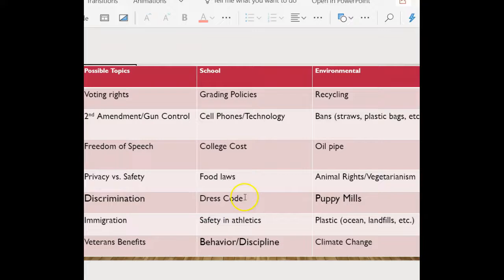So like school dress code, you can pull up the school dress code on the internet and read what our school dress code is. You can also find a lot of articles about different schools and the dress code, and people who have challenged school dress codes and that sort of thing.